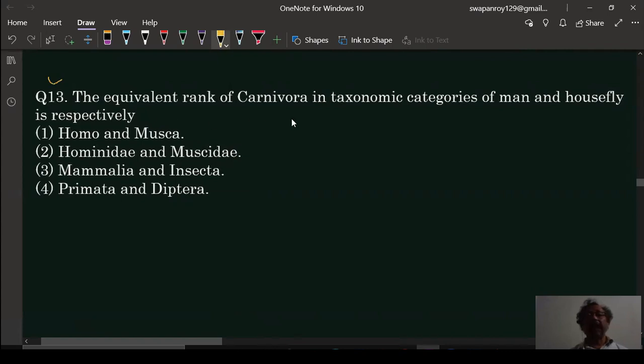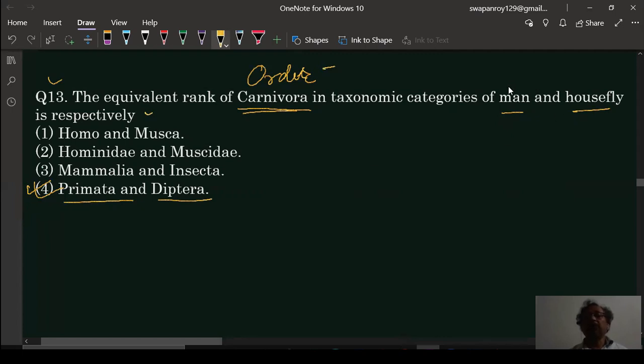The equivalent rank of Carnivora in taxonomic categories of man and housefly is respectively. This Carnivora is the order rank. So for the man and housefly, this is option number 4, Primata and Diptera.